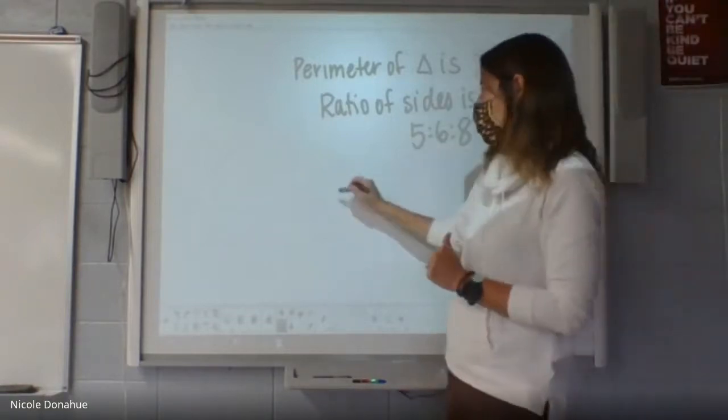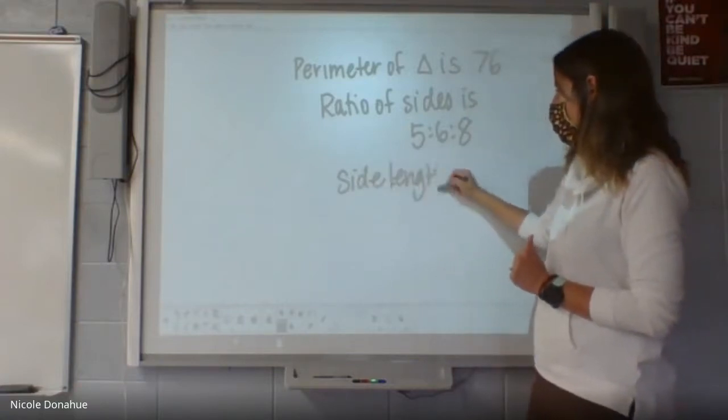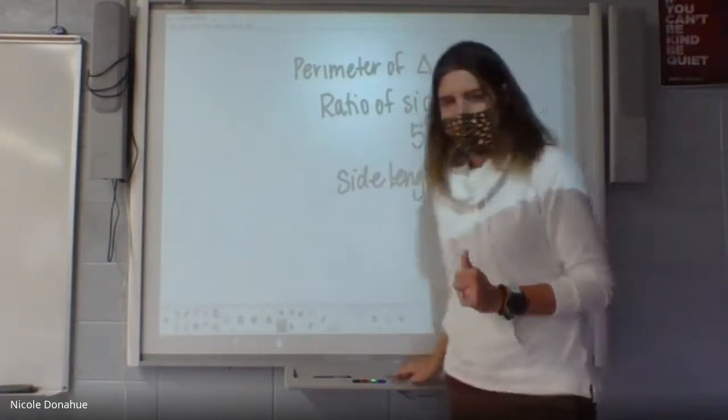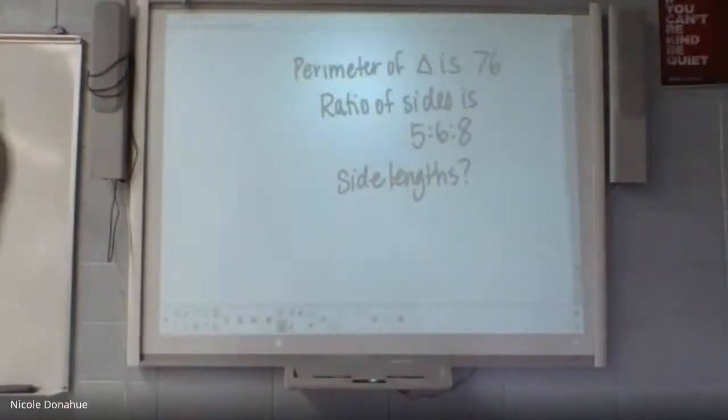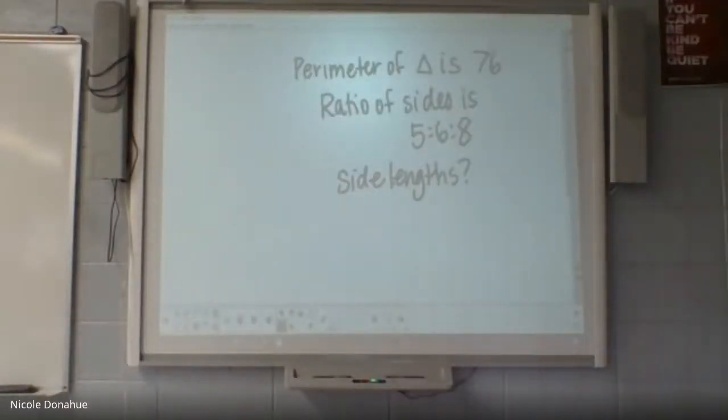Tell me all the sides. So give us the perimeter, 76. Ratio of the sides is 5 to 6 to 8. And then I want to know the sides.